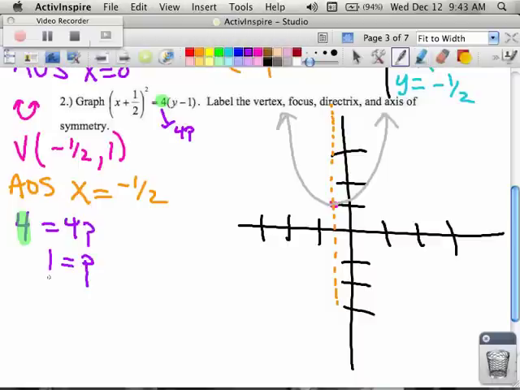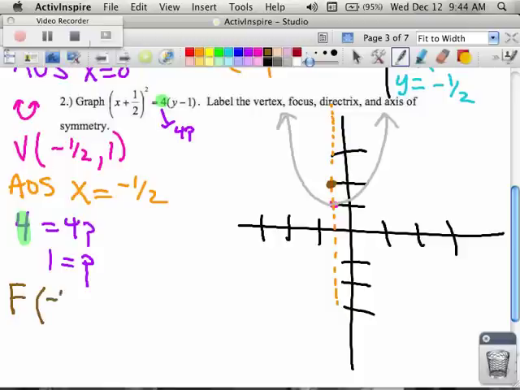This means that both my focus and my directrix will be 1 unit away from my vertex. If we talk specifically about the focus, that means that my focus will be 1 unit inside of my parabola from the vertex. Or in other words, right here. That means my focus went 1 unit up from my vertex.